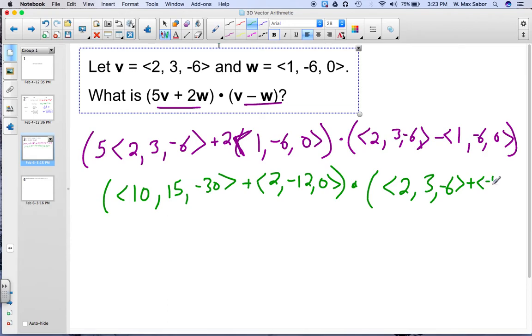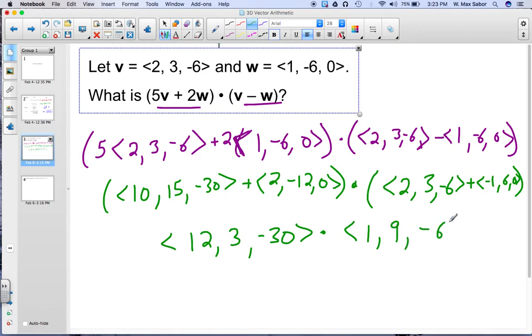We could do a lot of different types of vector arithmetic problems, but this is just an example of what we could do. And all the process is still the same. Add the parallel components, so we get 12. 15 minus 12 is 3, and negative 30 plus 0 is negative 30. Dotted with 2 minus 1, 3 plus 6, and negative 6 plus 0.